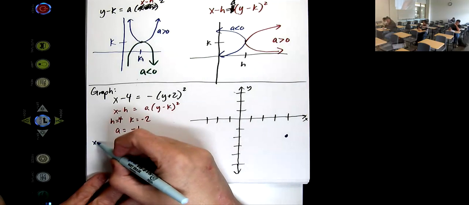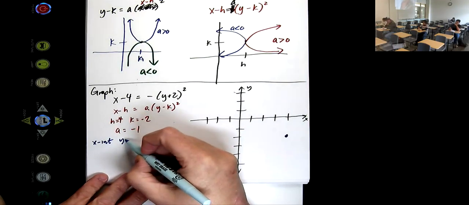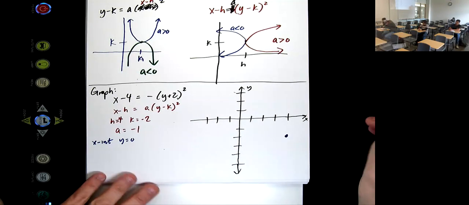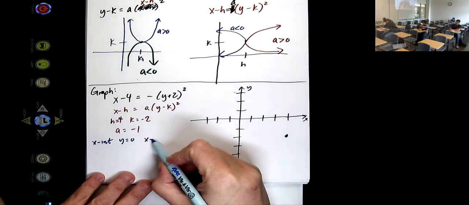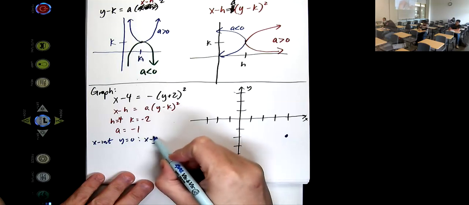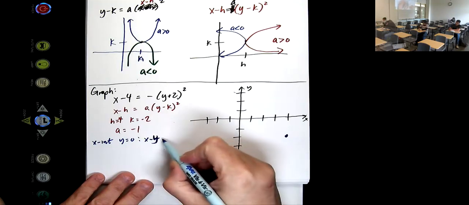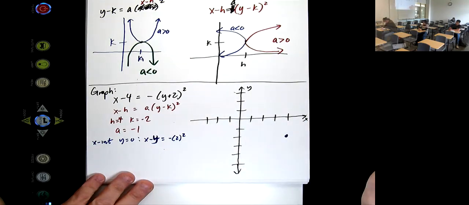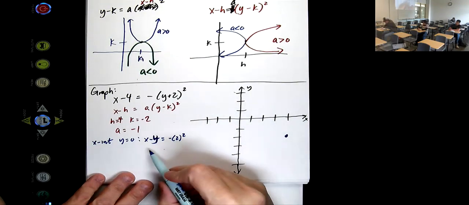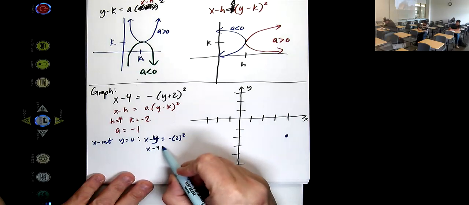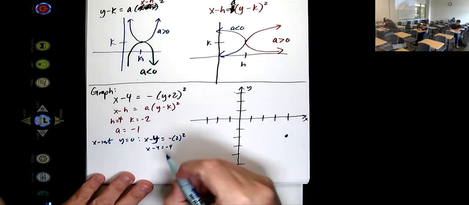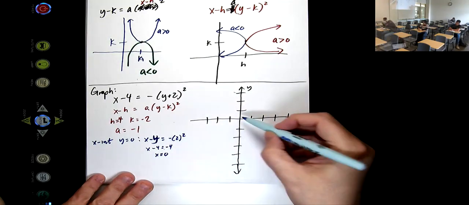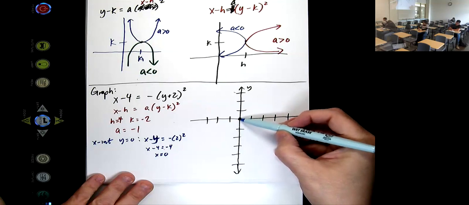The x-intercept is when y equals 0. So x minus 4 equals negative 2 squared. So x minus 4 equals negative 4. If I add 4 to both sides, I get x equals 0. So my x-intercept is right there.